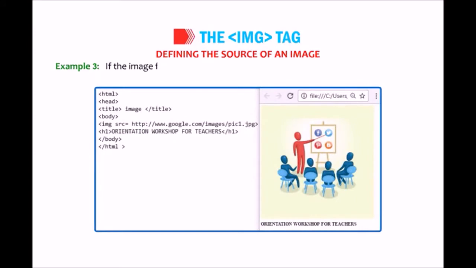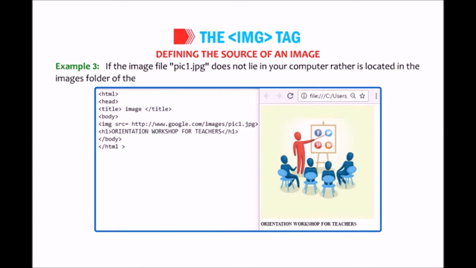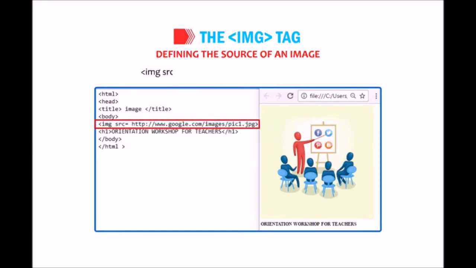Example: if the image file pic1.jpg does not lie in your computer, rather is located in the images folder of the web server of Google, then we need to give full path of the file. img src equals to http://www.google.com/images/pic1.jpg.